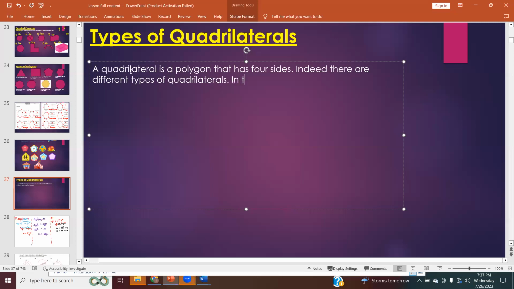In this section, we will discuss the different types of quadrilaterals.